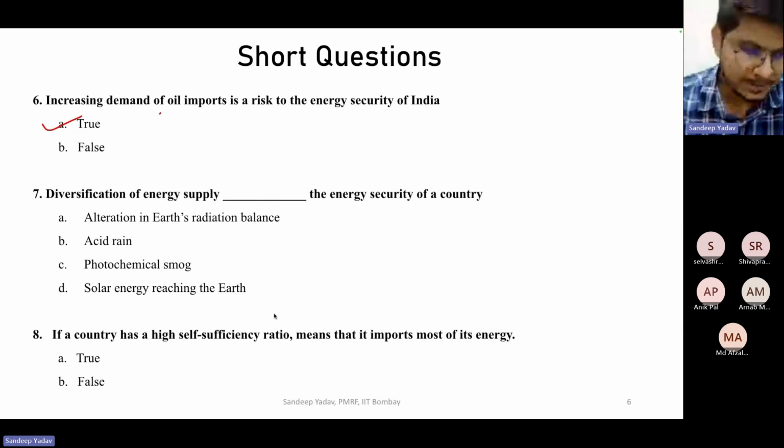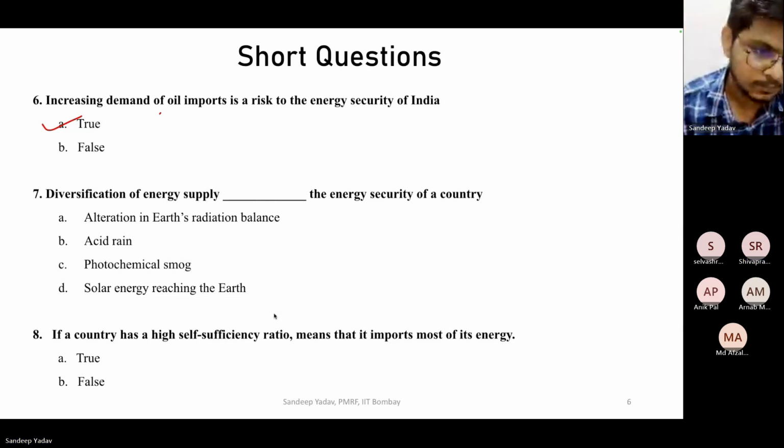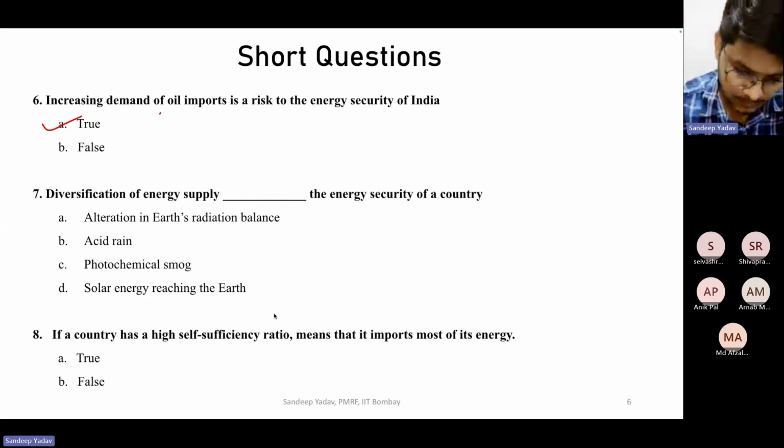Option B, acid rain. Select D. No. So I think the options are wrong in this question. That's a mistake. So maybe it would be D.